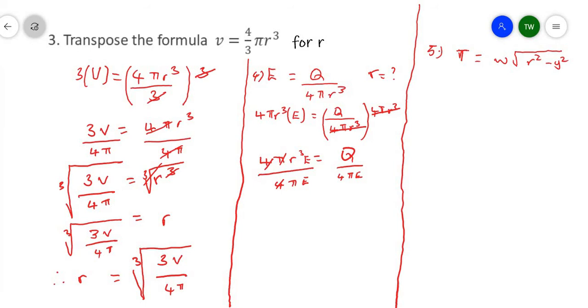Pi in the numerator will cancel out pi in the denominator. And E in the numerator will cancel out E in the denominator. So what you are left with on the left is just R cube, which is going to equal what you have on the right here, which is just Q all over 4 pi E.